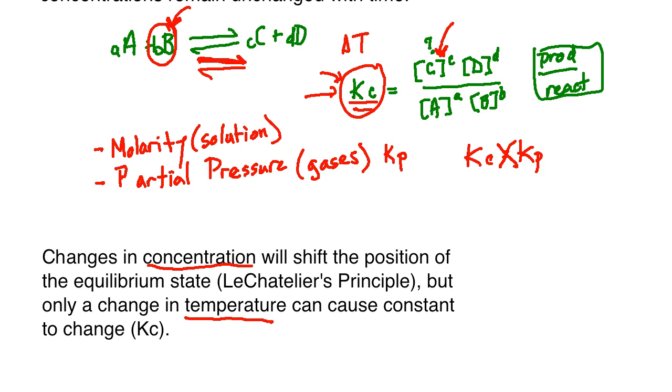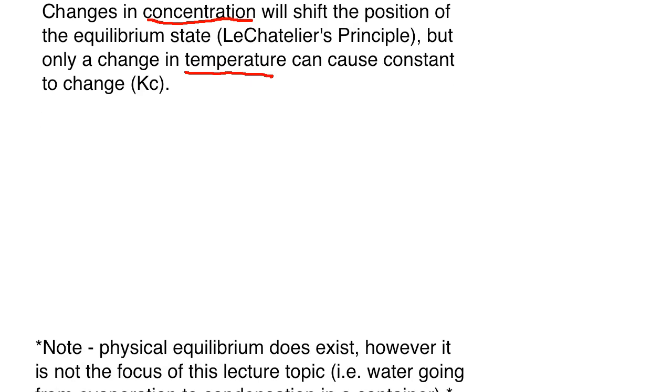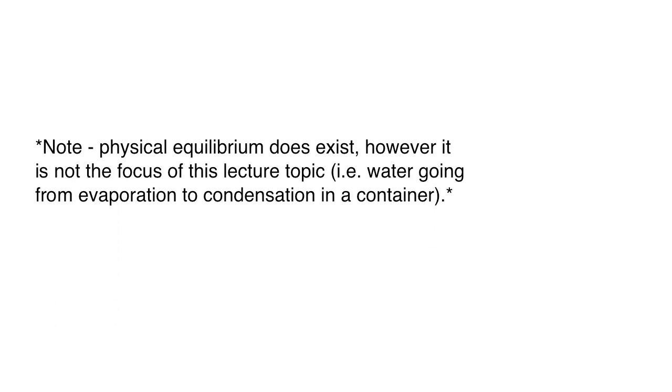All right. So one last note here before we move on to look at the constant and the sample calculations in more detail. Physical equilibrium does exist. However, it is not the focus of this lecture topic. So keep in mind, we're talking about chemical equilibrium here.